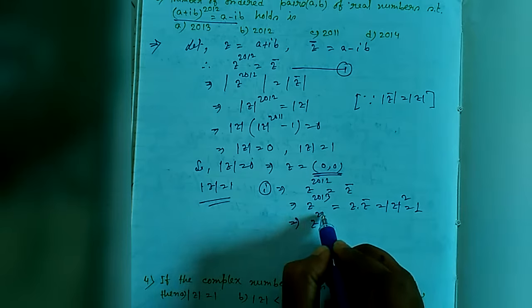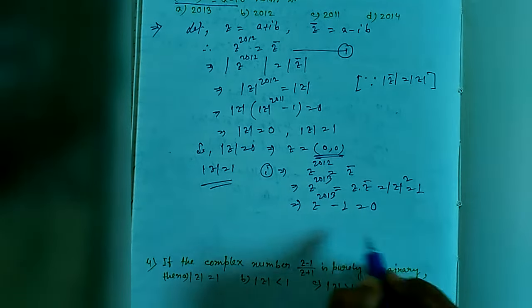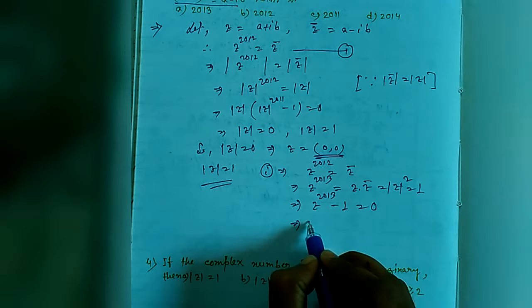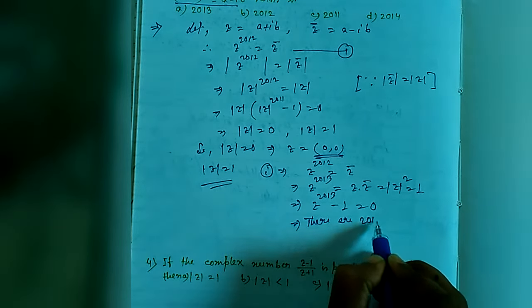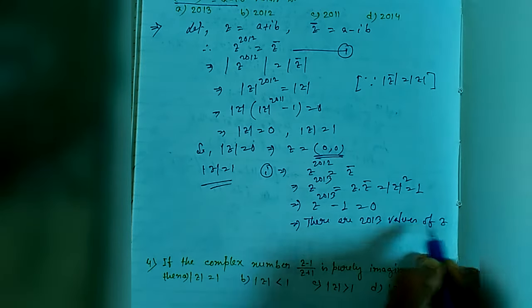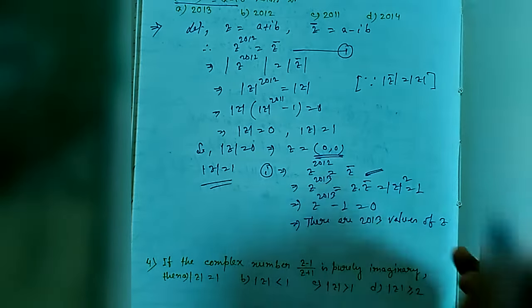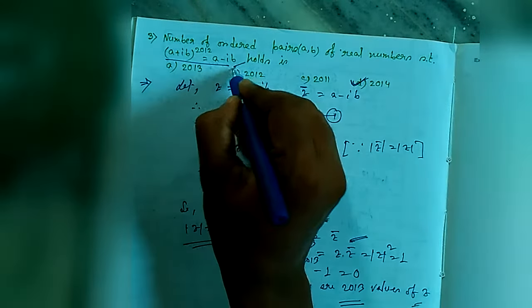So z to the power 2013 minus 1 equal to 0. So that means there are 2013 values of z which satisfy this relation. So here is 2012 and here is 0. So total 2012 pairs satisfy this relation.